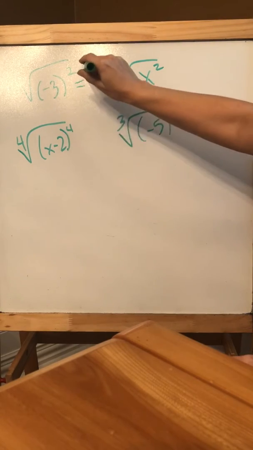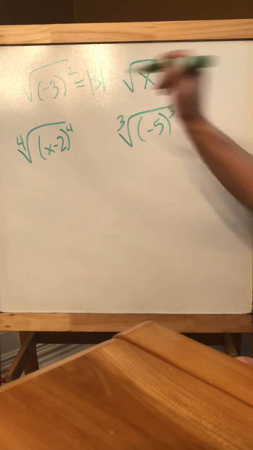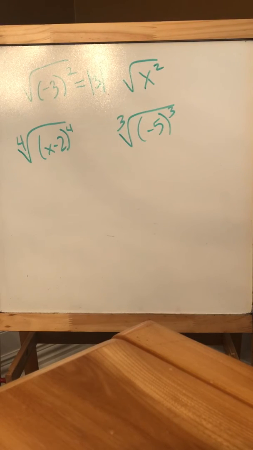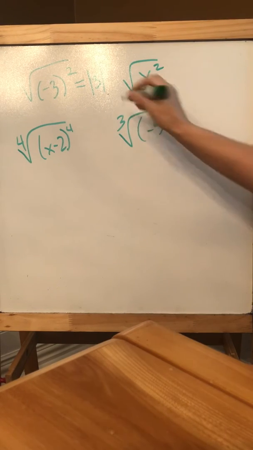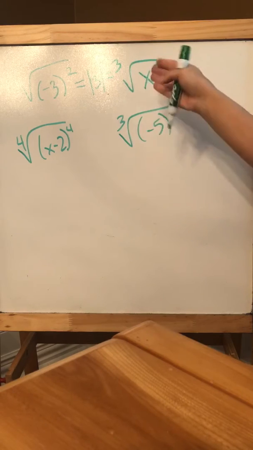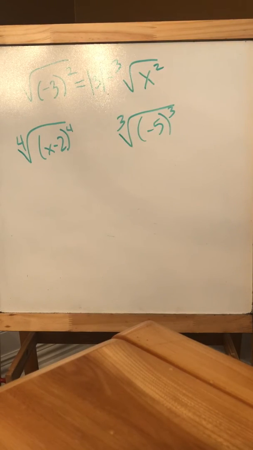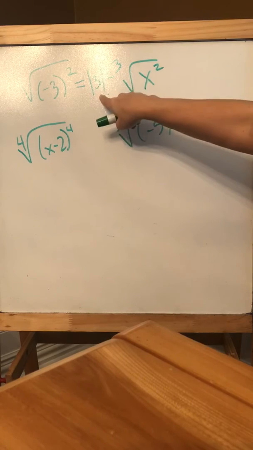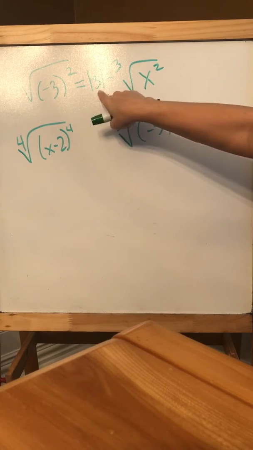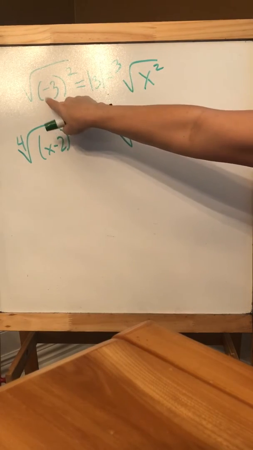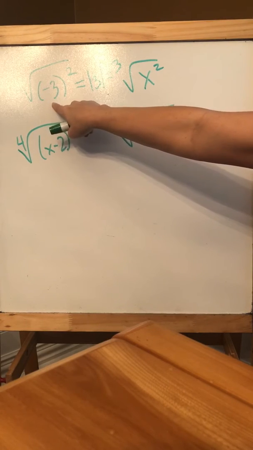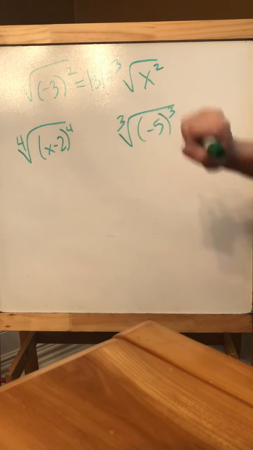So what we end up with here is the absolute value of 3. Well, the absolute value of 3 is just 3. So your answer is technically just 3 when you solve it. But it is important to note that you are taking the absolute value of it, because you can actually have 3 or -3 under here and get the same answer.